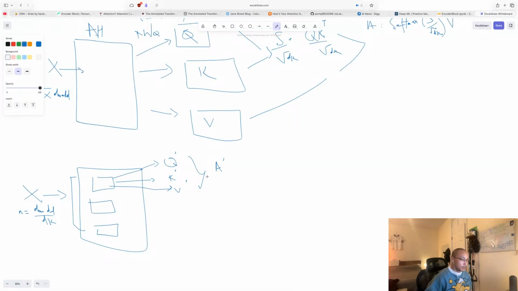But let's see. Attention score. Yeah, let's see if it's head 1 equals to query prime 1, key prime 1, attention 1, but this would have all the x values. This would probably be confusing. Goes to what?